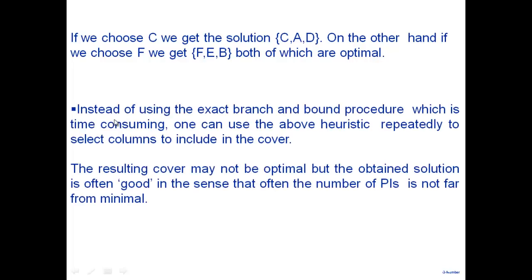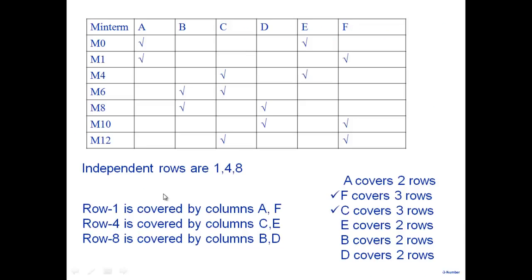The other point was, instead of using the exact branch and bound procedure, which is time consuming, one can use the above heuristic repeatedly to select columns to include in the cover. As things become complex, searching will require time. So how do you choose a column to include or not include?